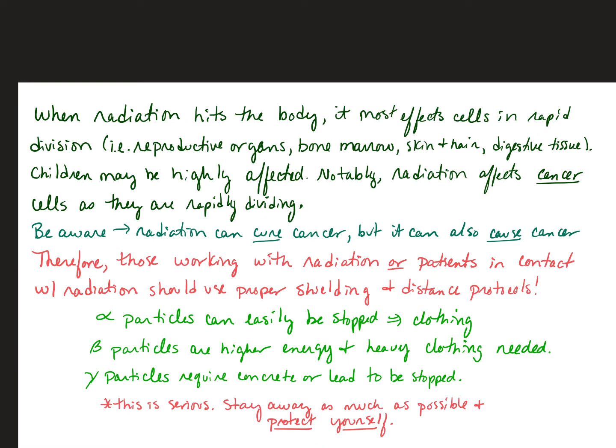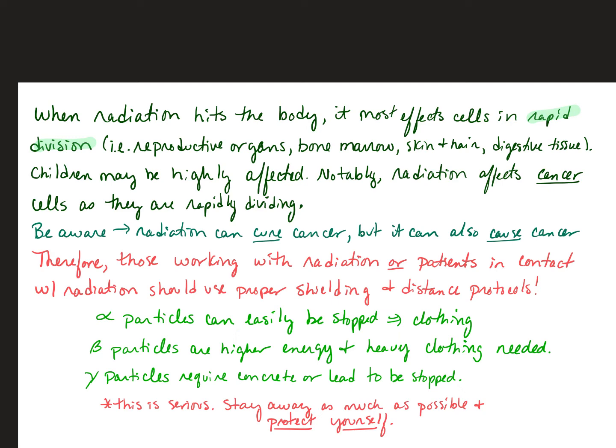So when radiation hits the body, this is not good for your body. It mostly affects cells that are in rapid division. So this includes reproductive organs, bone marrow, skin and hair, digestive tissue, and blood cells, because that's made in the bone marrow.